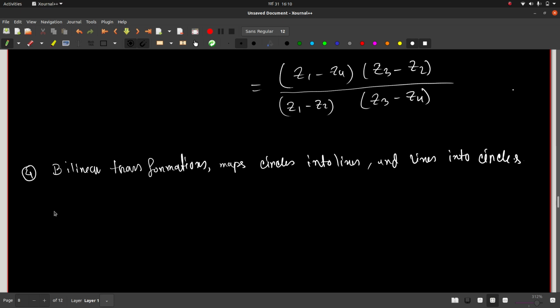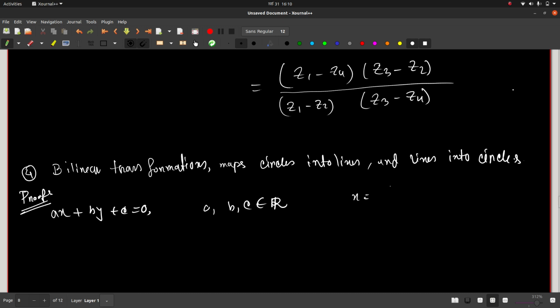How? Let's see. So this is more of a proof. So if you have a line that is given by this equation, where A, B, C are real numbers, and this line can lie on the complex plane as well, and what you can do right now is that you can use this expression for x and y.